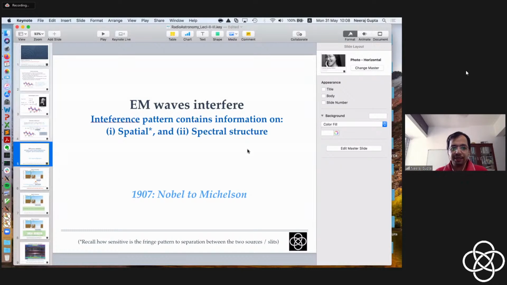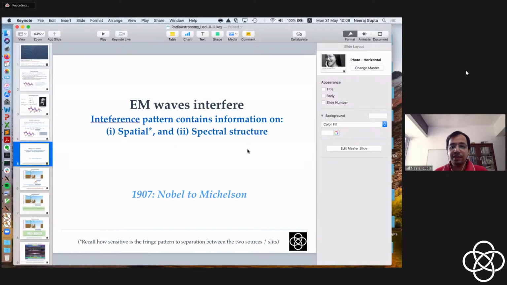He also did spectral interferometry to study the fine structure of lines, and used these techniques to standardize the meter, the unit of length, in terms of the red line of cadmium, right? So historically, this understanding that electromagnetic waves interfere has played a very fundamental role.